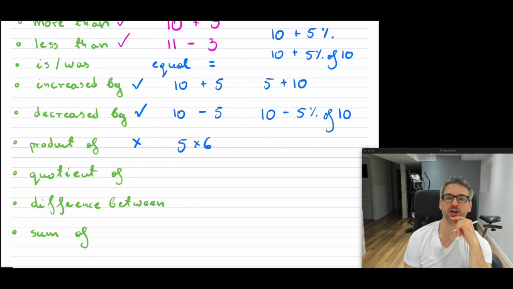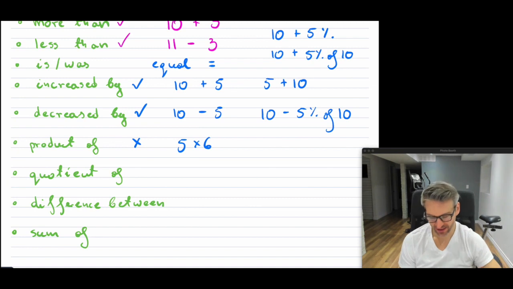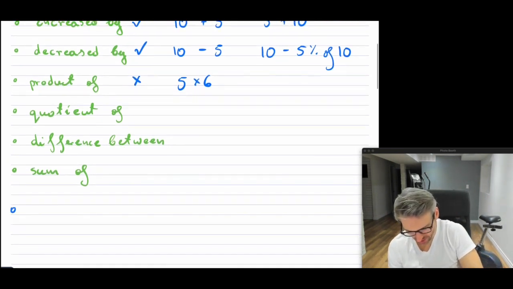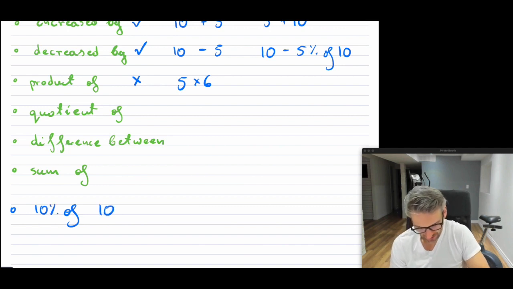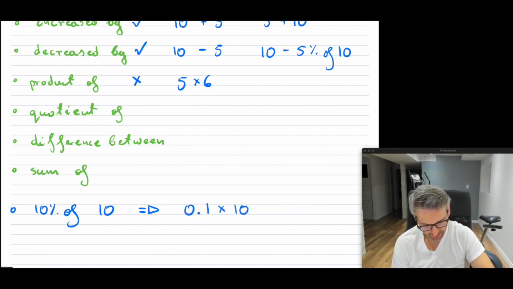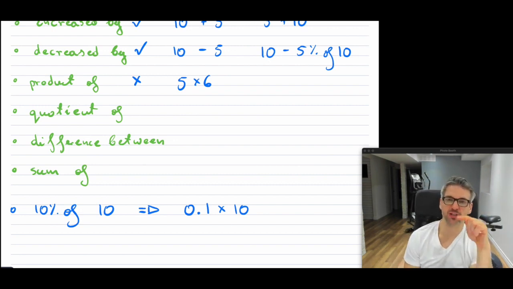Now, if you say 10% of 10, this is different. 10% of 10 translates back to, typically we would write 10% as a decimal, and "of" means multiply by 10, because it's 10% of that number. Notice that "of" is basically a multiplication. Quotient. The word quotient means division.